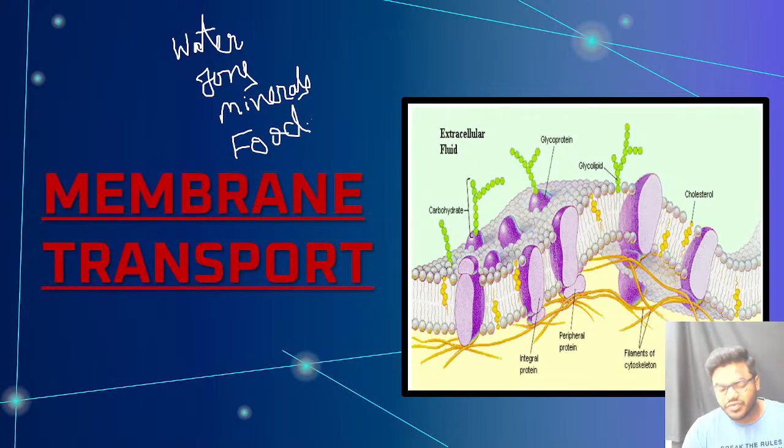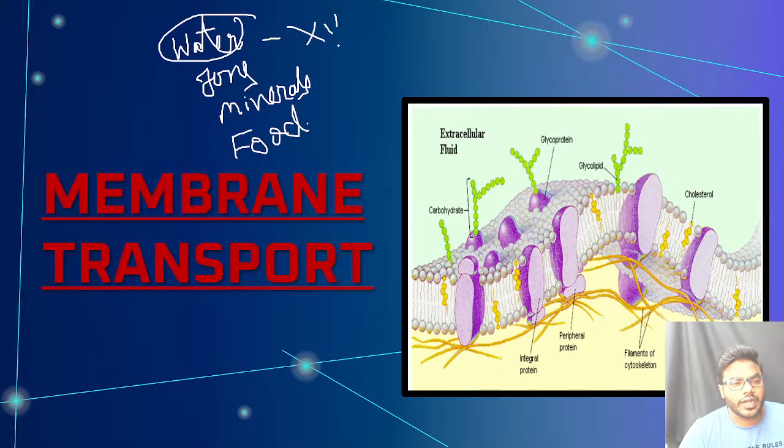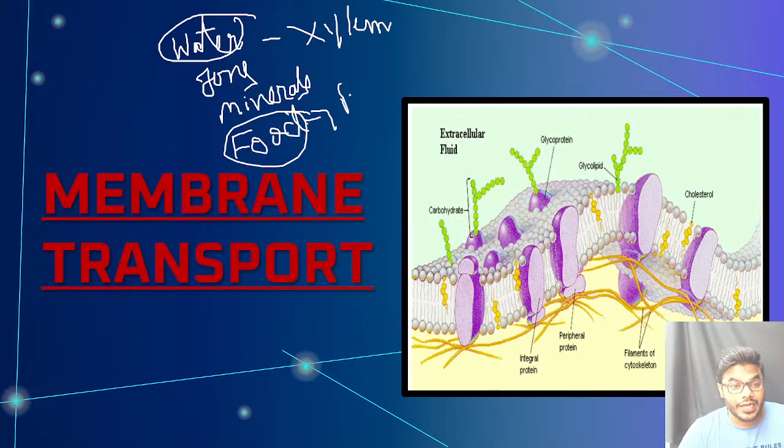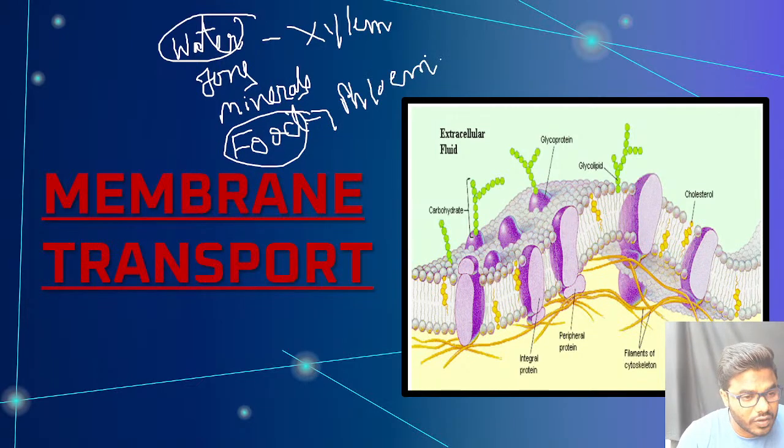So please listen to me friends for 10-15 minutes continuously. We all know very well that water can be transported into the plant body via xylem, whereas food can be transported via phloem.